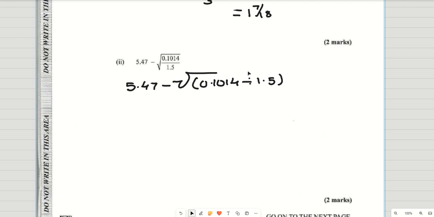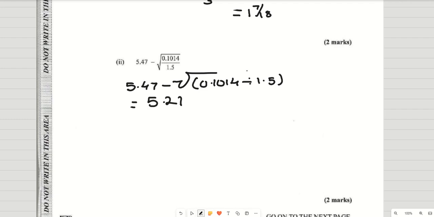And when you do this, you're going to get equal to, hold on, I made a mistake. I put divided. Okay, so when you do this, your answer is going to be 5.21. Or you can check it back.